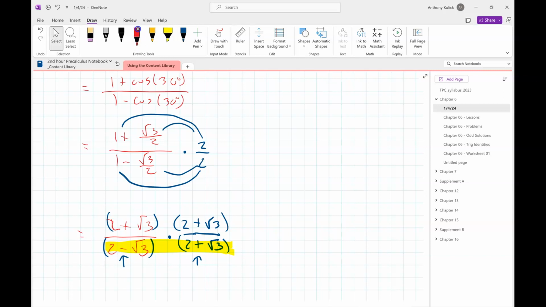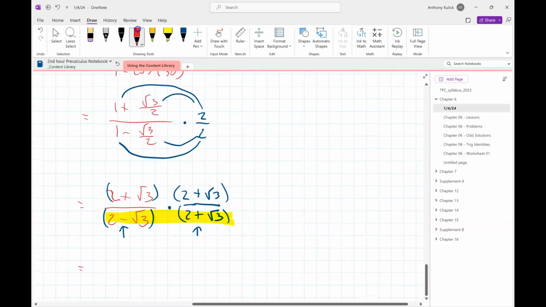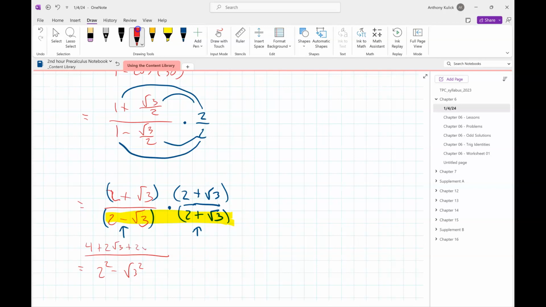So that I can do in my head because when I multiply that out, I'm just going to get 2 squared minus root 3 squared. But the top I have to FOIL. Is that okay?